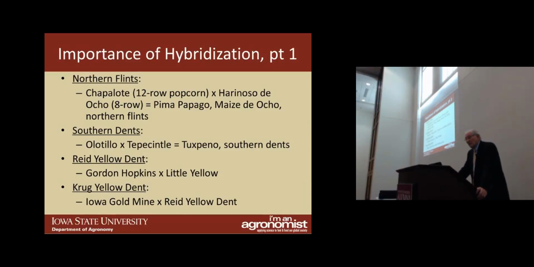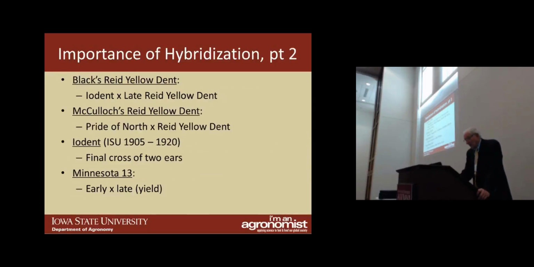The importance of hybridization has always been significant in corn breeding. Even before we got to hybrid corn, it's cross-pollinated. So in the development of these different things I just listed here, the northern flints I mentioned, the Chapalote by Hernosa de Ocho, southern Dents, the Tuxpeño, Reid Yellow Dent, Gordon Hopkins, a little yellow.